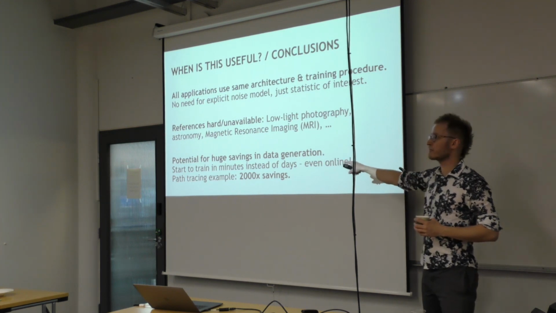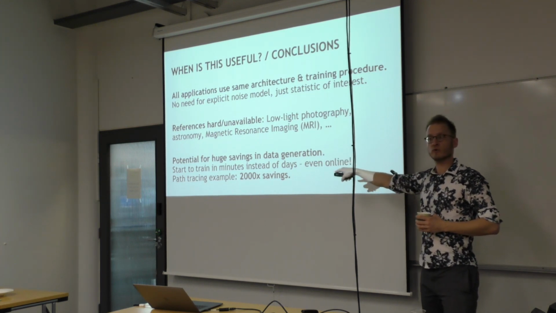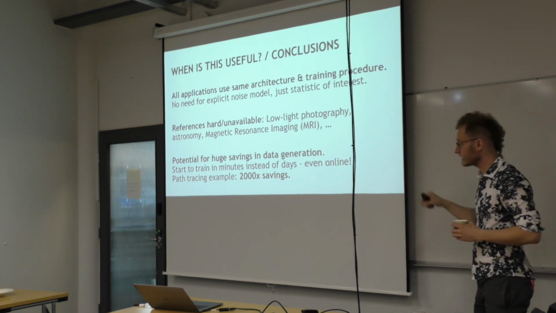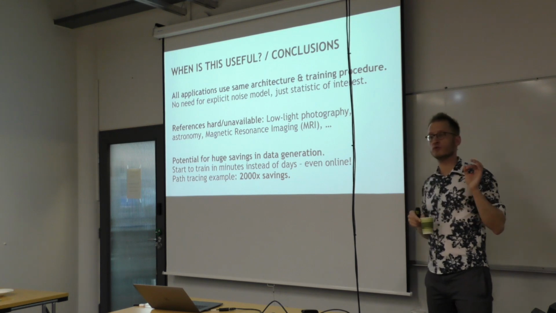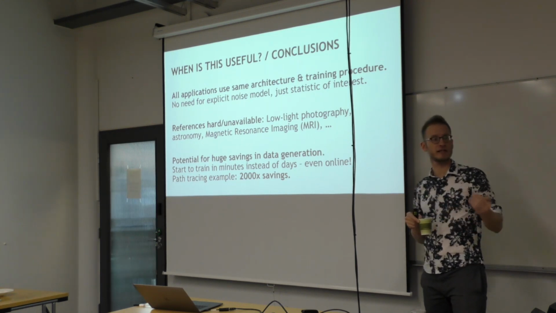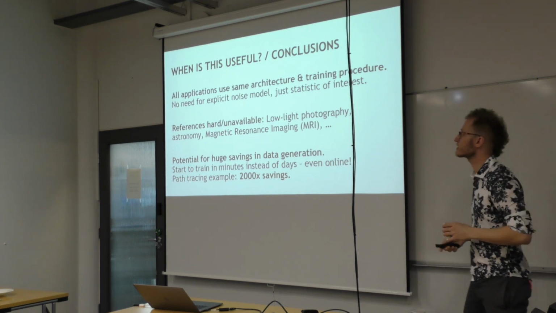In our graphics example, the model that works as well as the one you trained using clean targets took 2,000 times less effort into creating that training set than it did if we used clean images.